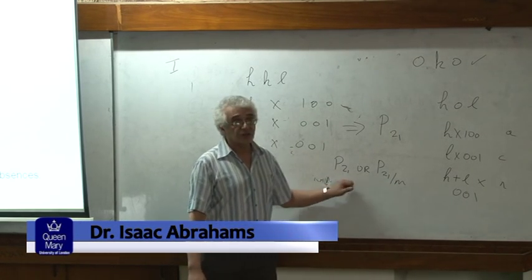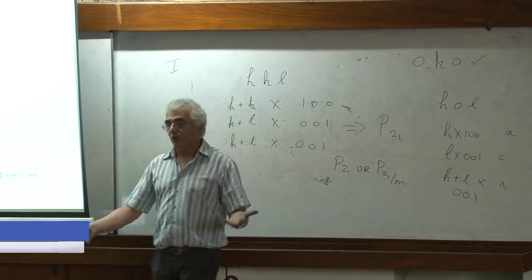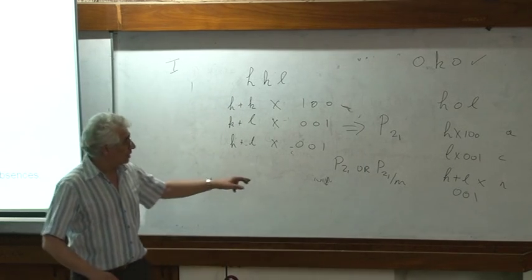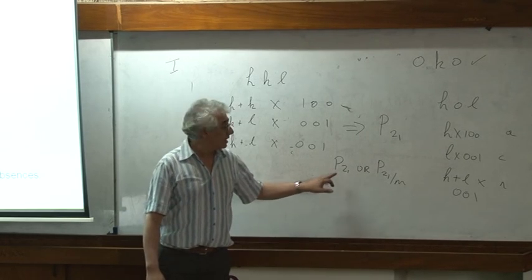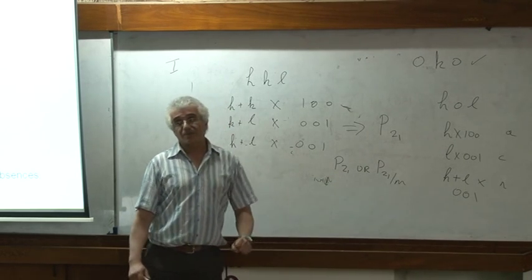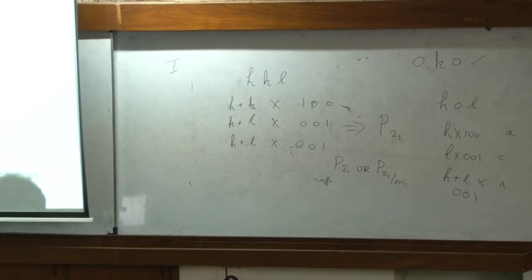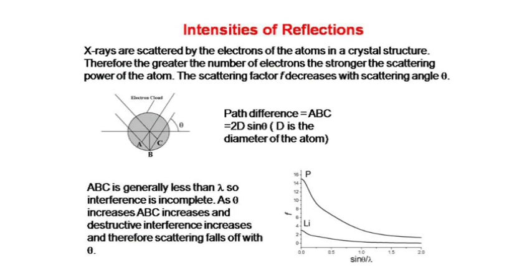So these are the only 2 possible, and usually the way in which we would determine which one it was is trying to solve the structure in either this one or this one.